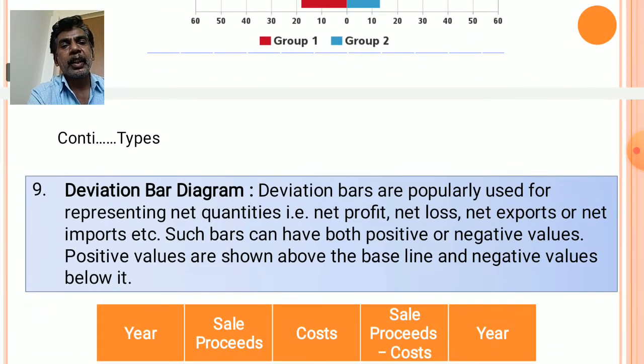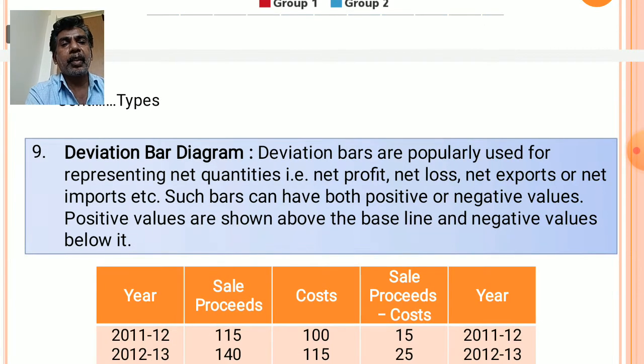Next, deviation bar diagram. So deviation bar diagram is a diagram which is popularly used for representing net quantities, that is net profit, net loss, net exports or net imports, etc. So such bars can have both positive or negative values.